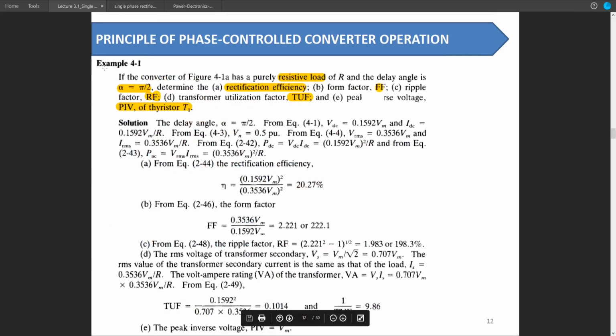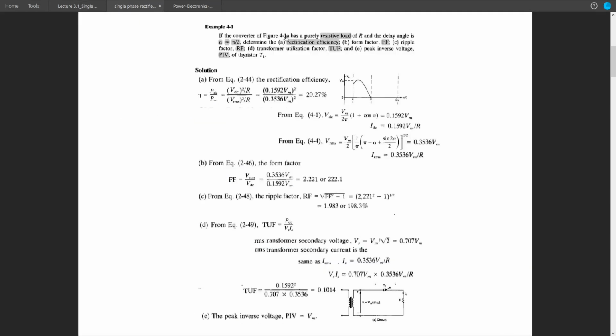This is an example from the book. In this example, a resistive load is connected to the single phase half wave control rectifier circuit with a delay angle of pi by 2.